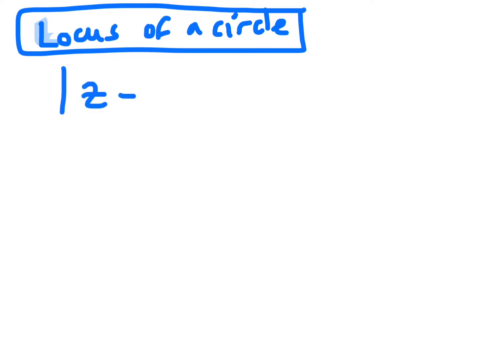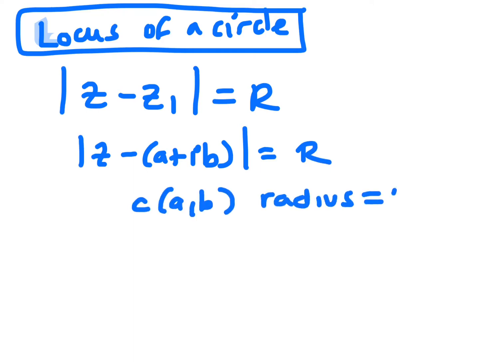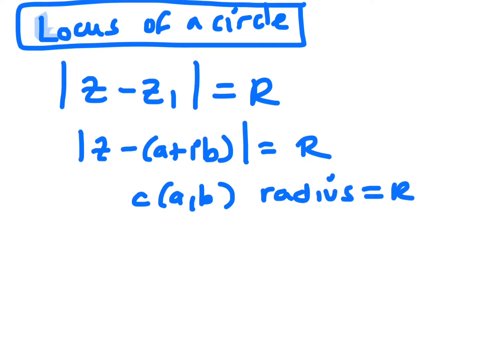If you wanted the locus of a circle, the basic equation is the absolute value of z minus z1 equals r. So if you had z minus (a plus ib) equals some number r, then the centre would be (a, b) and the radius would be r.